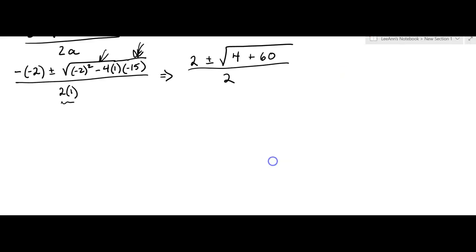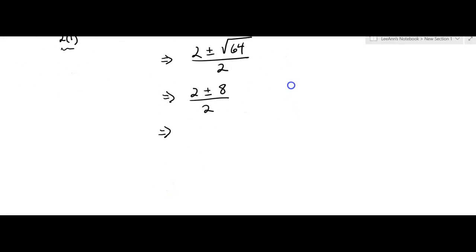It's looking better. Now I've got 2 plus or minus the square root of 64 over 2. And then I'm going to have, and it's kind of hard to know which way to go. I'm going to run out of room, but 2 plus or minus, the square root of 64 is 8 over 2. All right, now because we don't have a radical, we can split it into the 2 cases.